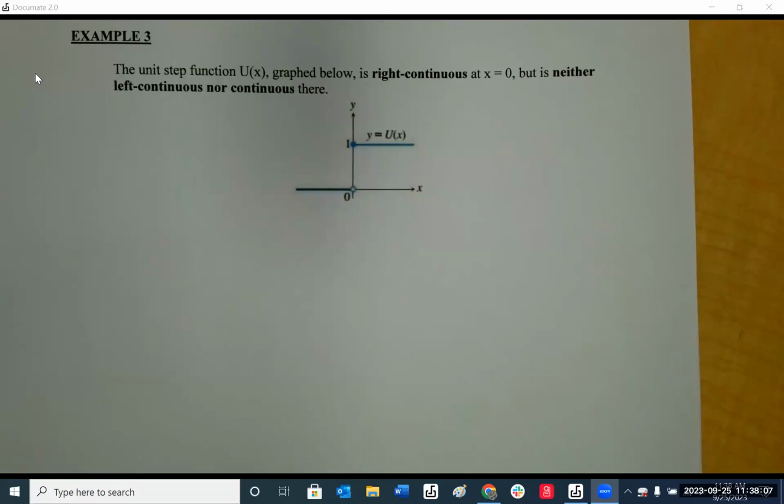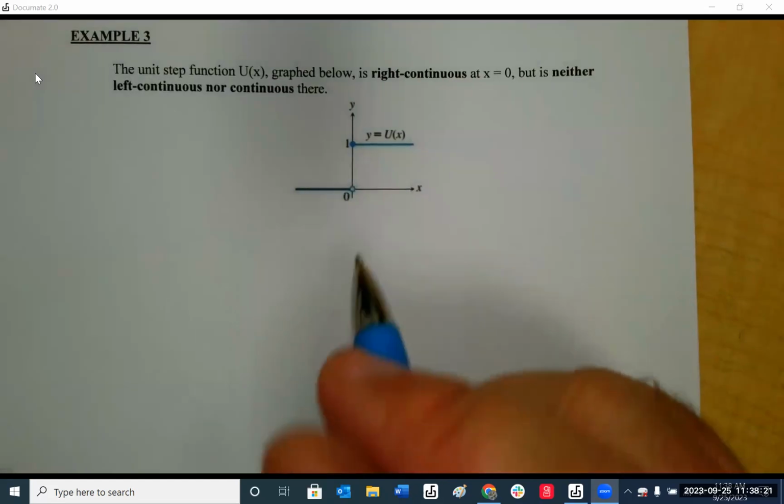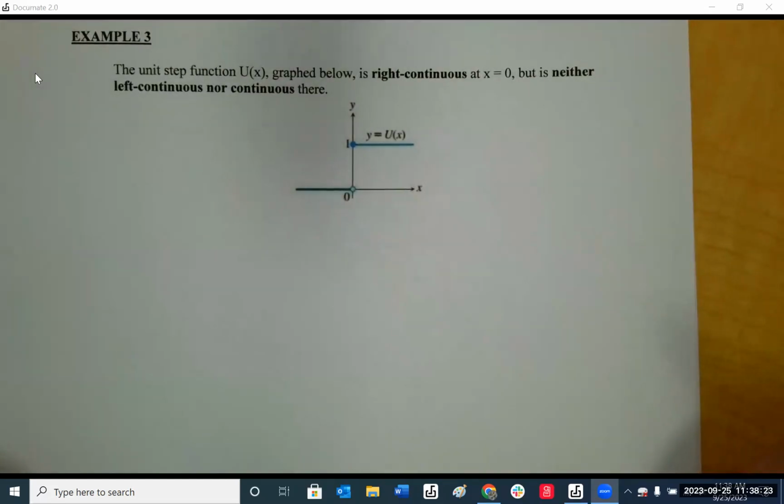How would you prove that it's neither left continuous nor continuous? Well, if it isn't left continuous, then it can't be continuous. If it's not continuous from either left or right, then it's not continuous. So if there's a hole there, it jumps.